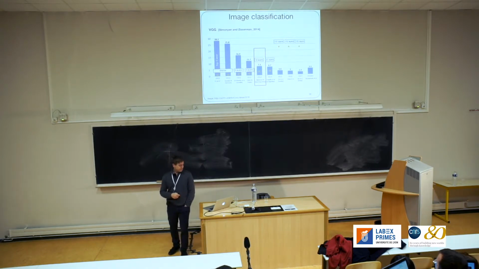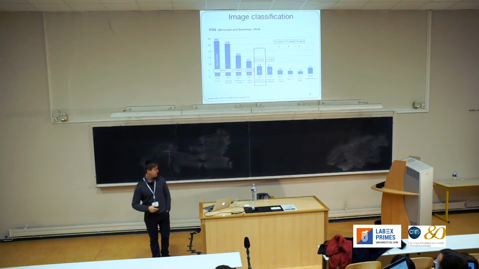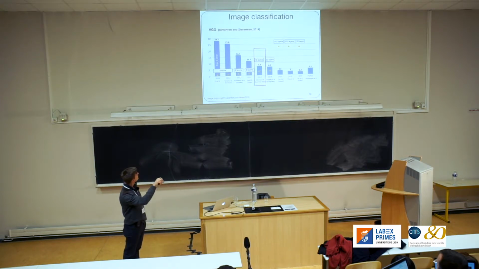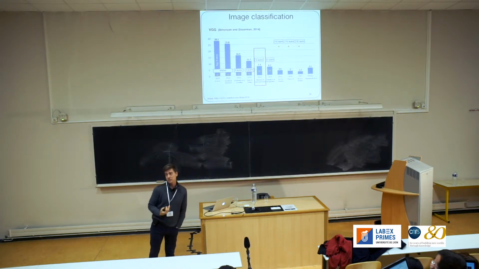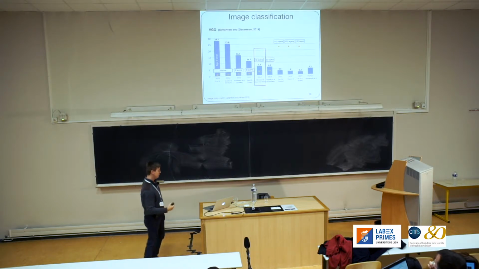Next up is VGG. VGG was proposed in 2014. The first thing you can see is we went from 8 layers to 19 layers. Already the deep learning trend is moving on.